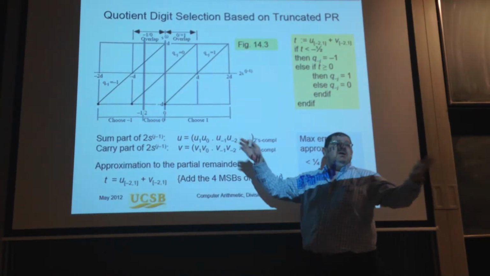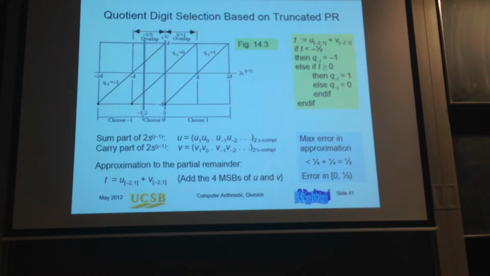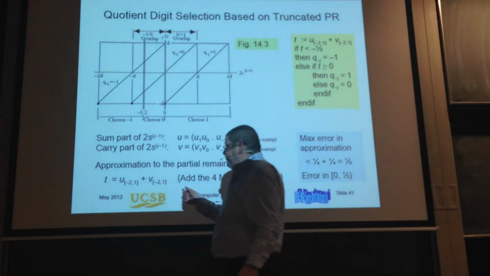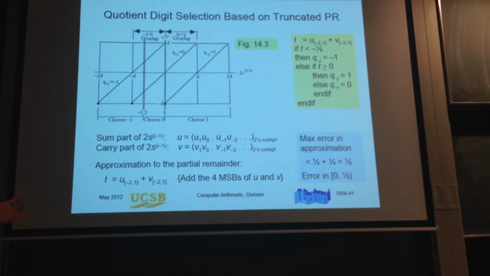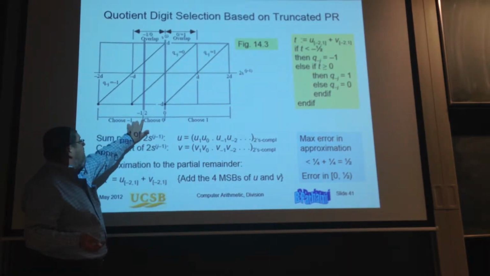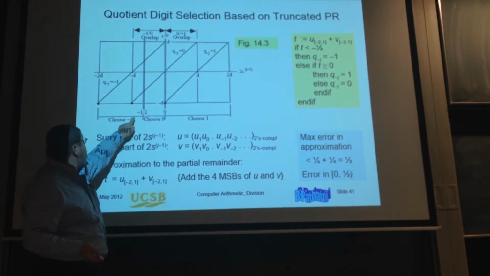If there are 1s, depending on where I am, I might be somewhere in this region. Now, based on this, which I can do like a 4-bit addition, or I can implement it with a table, now I will change my decision, and I will make it simple. Then if I am smaller than minus 0.5 with this approximation, I will choose a minus 1.